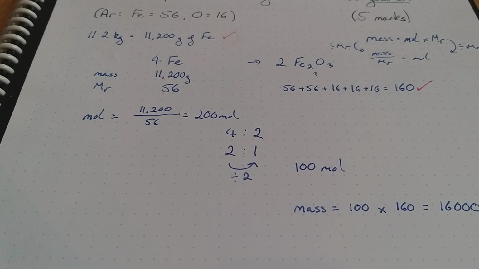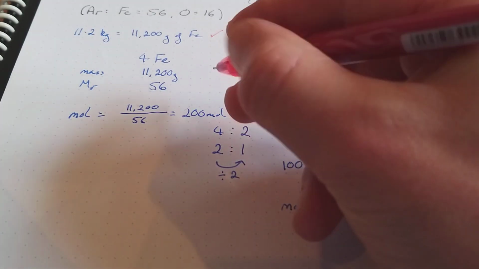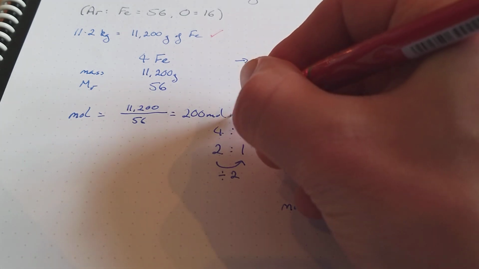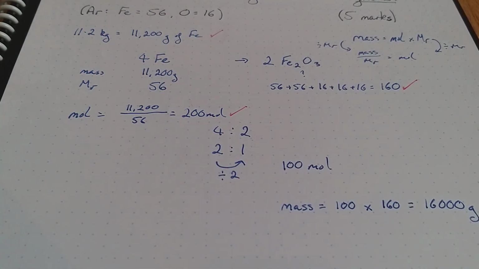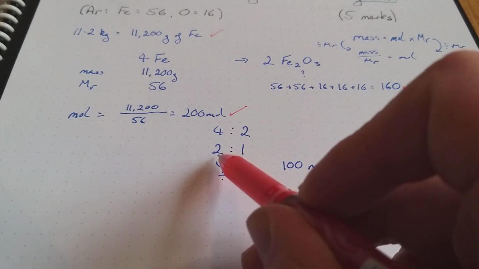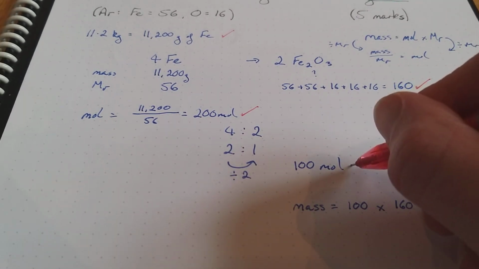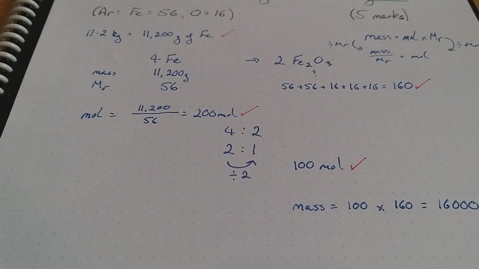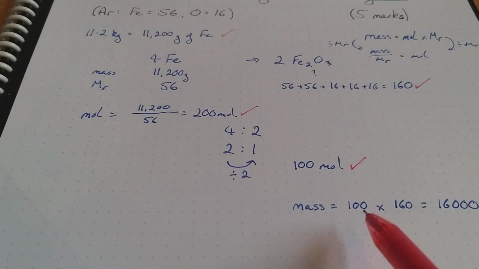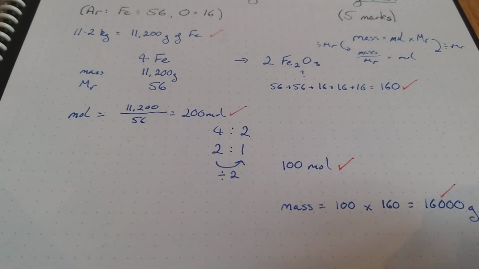You would get 1 mark for calculating the number of moles of iron. You would get 1 mark for understanding the ratio was a 2 to 1 ratio, and therefore calculating the number of moles of iron oxide. And your final mark was the calculation of the mass, doing the moles multiplied by the MR to give you your answer.